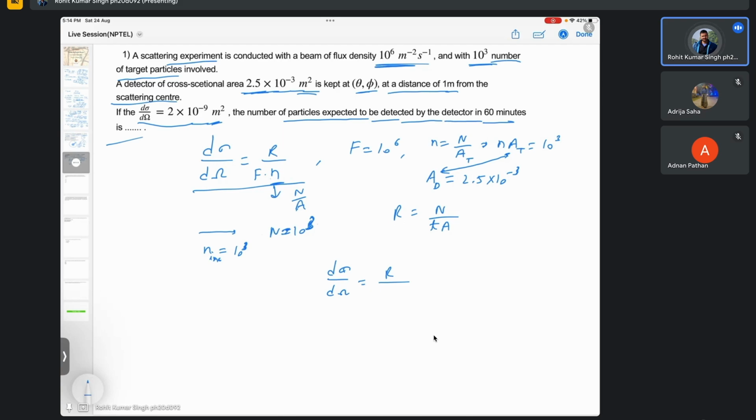So we have a flux density, which means 10 to the power 6 particles are coming per unit area per unit time, and over all time they have interacted with 10 to the power 3 target particles, right?